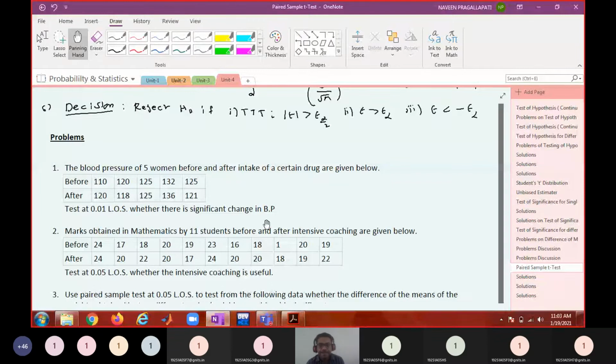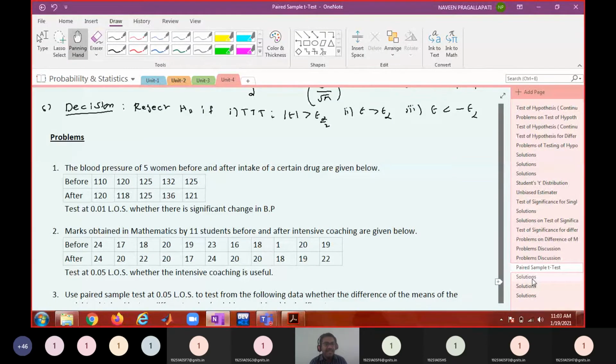Shall we proceed? So what we do first, you prepare the signed differences.